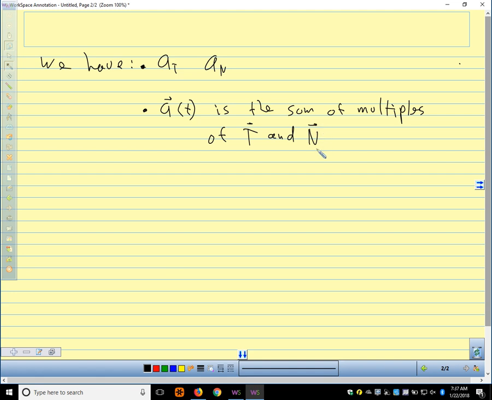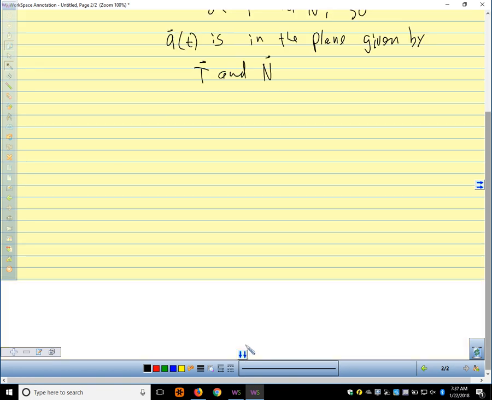So that means that the acceleration is always in the plane defined by n and t. So our acceleration is always in the same plane as our unit tangent vector and unit normal vector. So let's draw a picture.